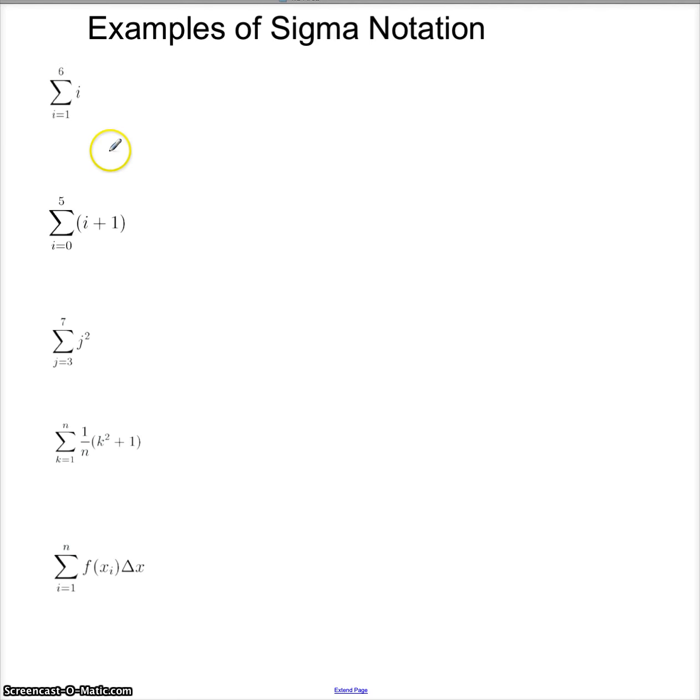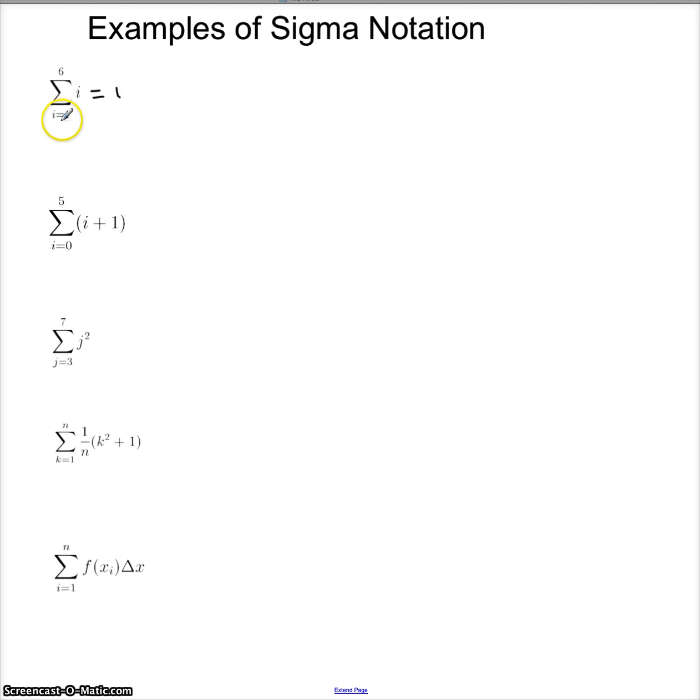All right, so if I want to add up the summation, i equals 1 to 6 of i, what would that be? Well, everywhere I have an i, I'm going to just quite literally add them up. So for this, from i equals 1 to 6, it would be 1.